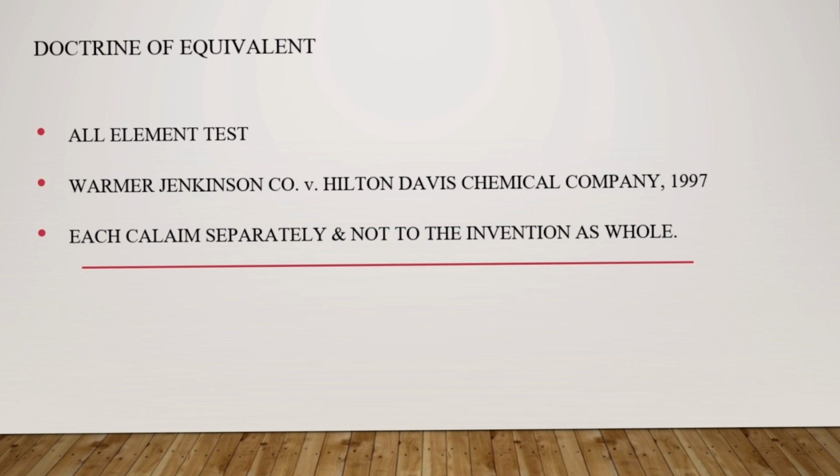He claimed for function and object, and Denmead defended on the shape. But just imagine if Winans claimed for the whole, that is for all the invention, including the shape of his product, he would definitely be defeated, right? But he claimed separately, and the court also accepted and held in favor of Winans. So this is about the doctrine of equivalent.